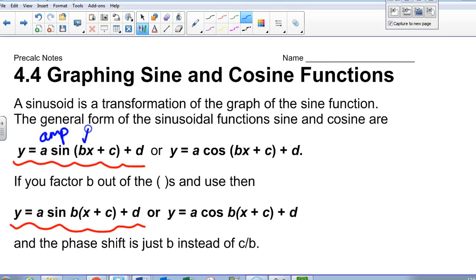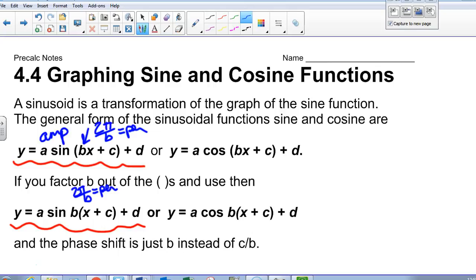We'll talk more about that in a second. The B value affects the period, but it's a kind of weird inverse relationship, right? It's 2 pi over B. Is the period. We good so far?